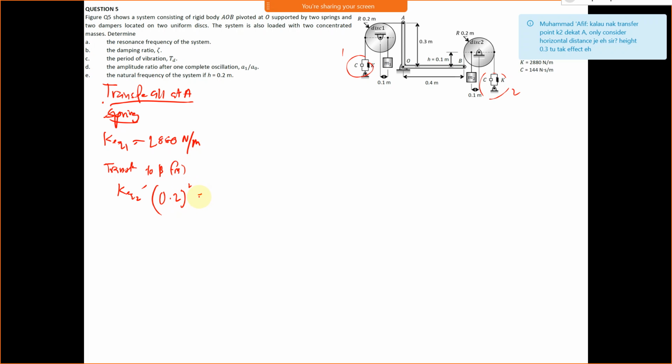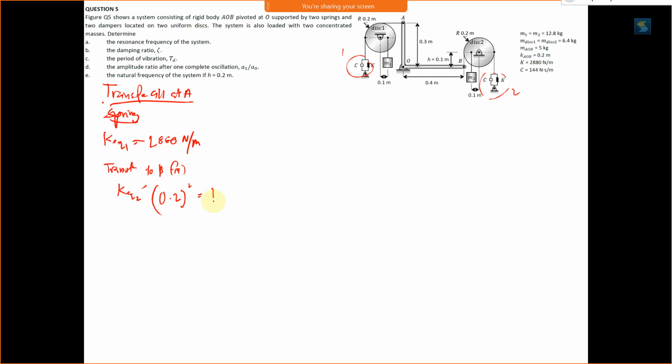Sama lah sebab the distance sama kan. And then K times with 0.2 square, so same. So K equivalent 2 prime sama dengan equals to 2880 Newton per meter.